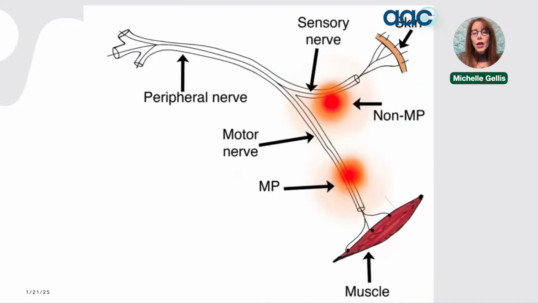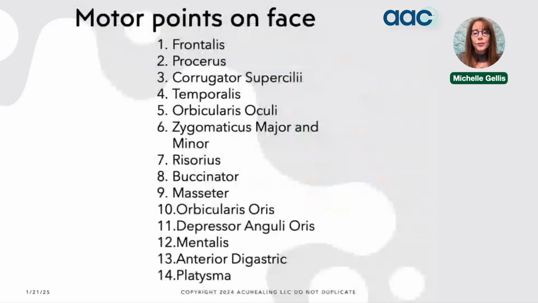Here is a picture of a nerve going into the muscle. So we have the sensory nerve, and then we have the motor nerve. And the motor point is, as I mentioned, the most electrically excitable part of that muscle. There are many motor points on the face.